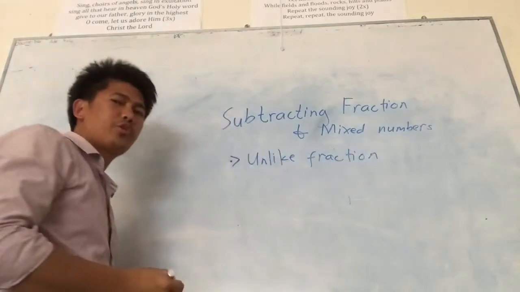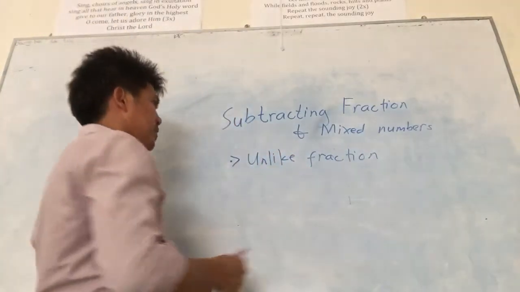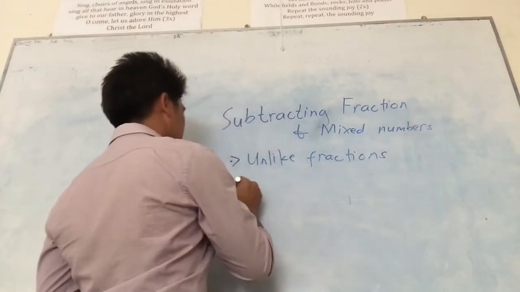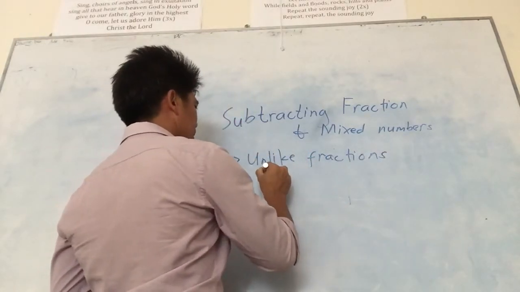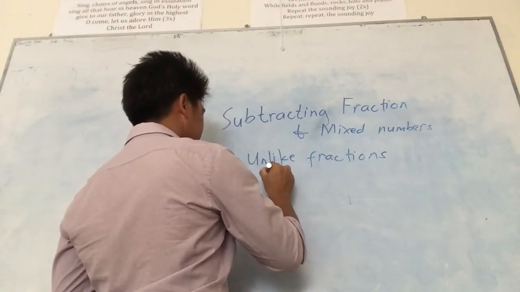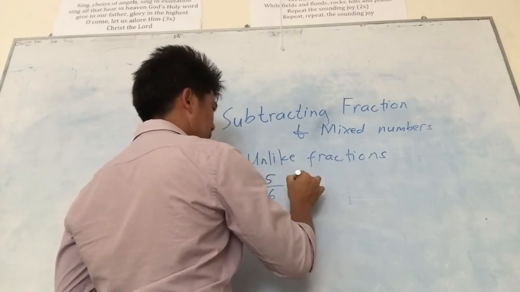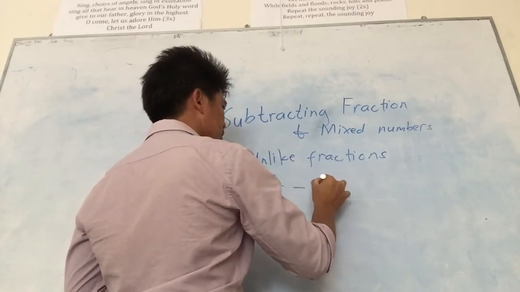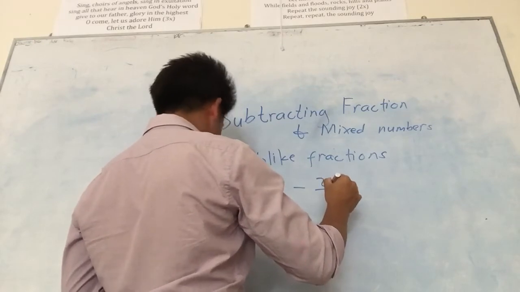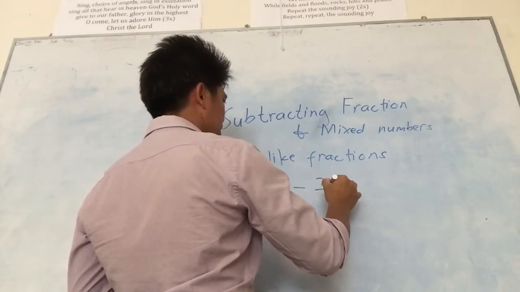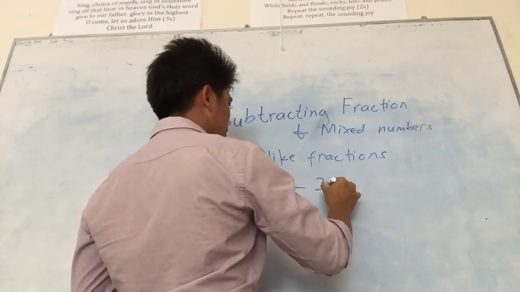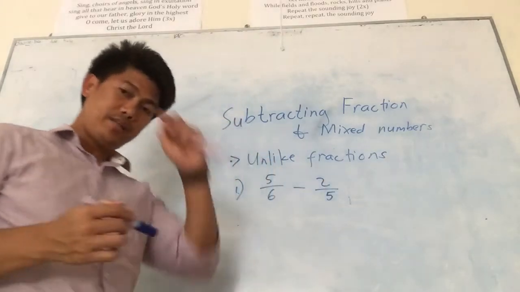Okay, how to subtract unlike fractions. So number 1, 5/6 minus, let's say 2 fifths. Okay, 2 fifths.